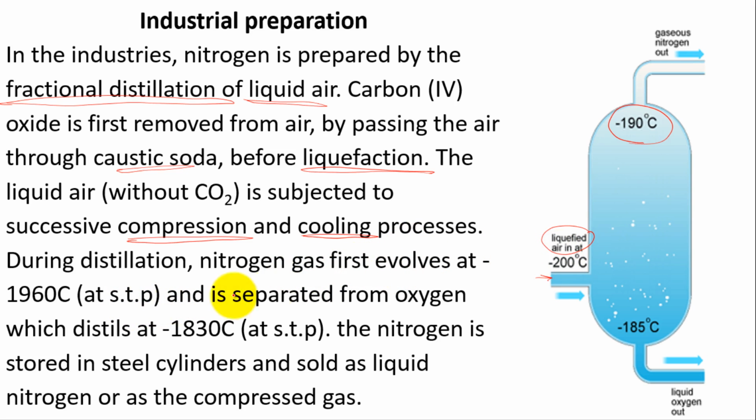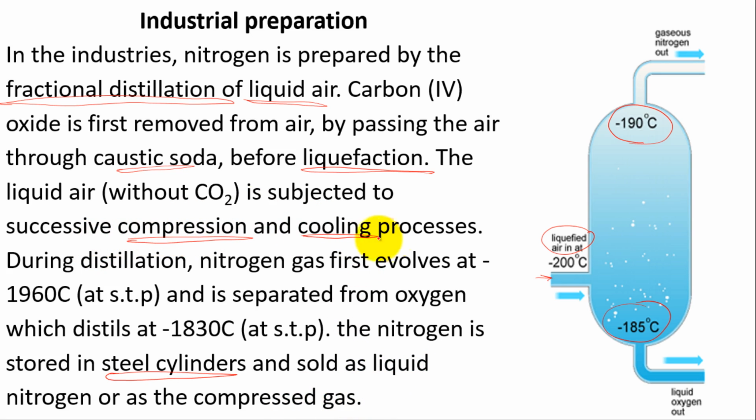Therefore, the boiling point is minus 190 degrees Celsius, and it's separated from oxygen, which distills later at minus 185 degrees Celsius. The oxygen comes out and is stored in steel containers or cylinders and sold as liquid nitrogen or a compressed gas.